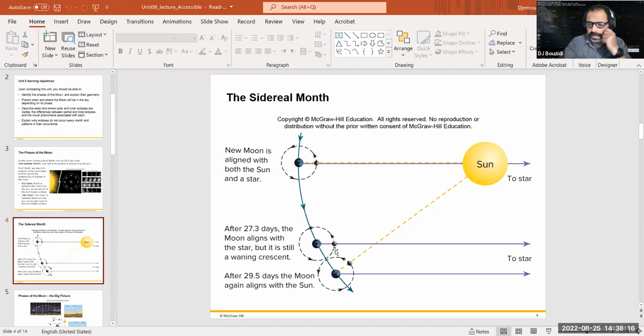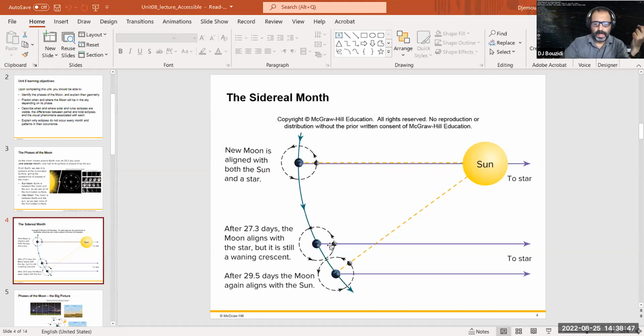Then a month later, when it goes through the entire cycle, goes around the Earth, the time that has lapsed is 27.3 days on Earth. In other words, the Earth would have done 27 days and a third of a day. Okay, 27 days and 8 hours, to be more specific. That's a third of a day, because 24 hours divided by 3 is 8 hours.